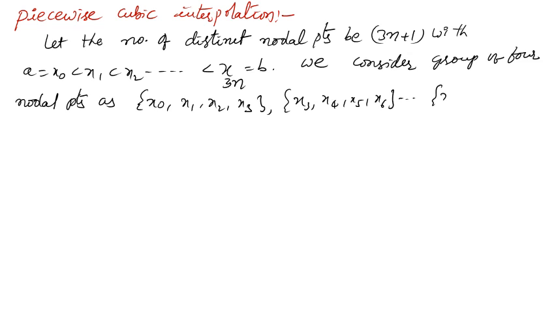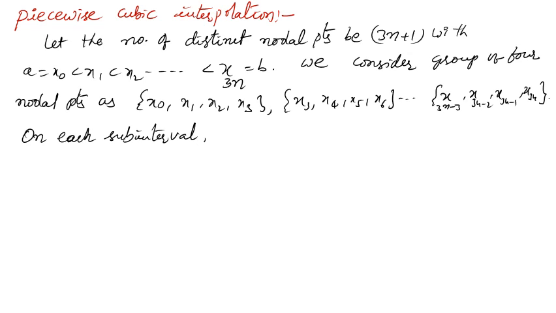And the last one is x3n minus 3, x3n minus 2, x3n minus 1 and x3n. And on each subinterval we write the cubic interpolating polynomial.